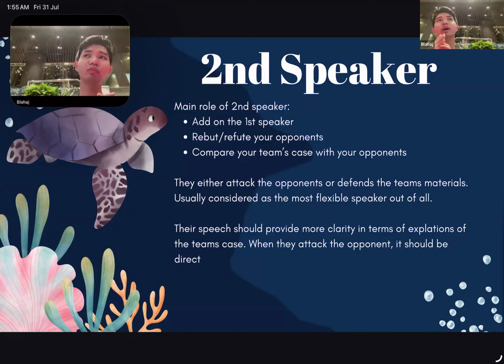The reason why I say the second speaker is the most flexible speaker is that they can either attack the opponent or defend the team's material depending on the situation. So they are usually considered the most flexible speaker of all because they can do either. Their speech in general should provide more clarity in terms of explanation of the team's case.